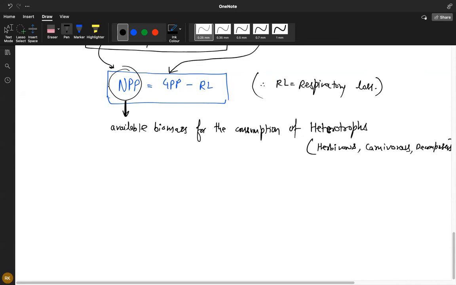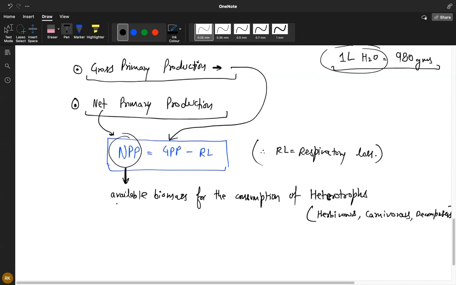For example, when humans are born, they are small kids. Then they eat over their lifetime and become bigger and bigger, grow in mass and size, right? So there is a production happening at the secondary level as well. You understand, everyone?